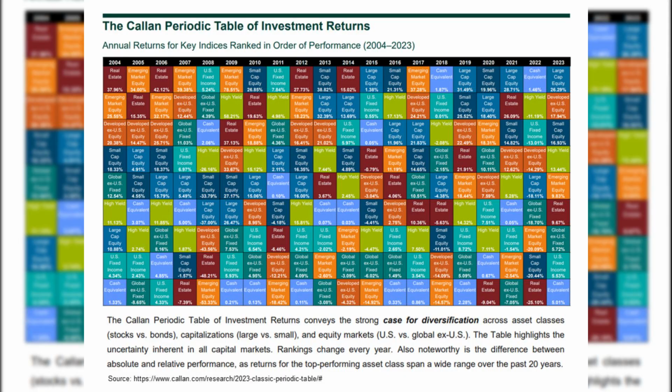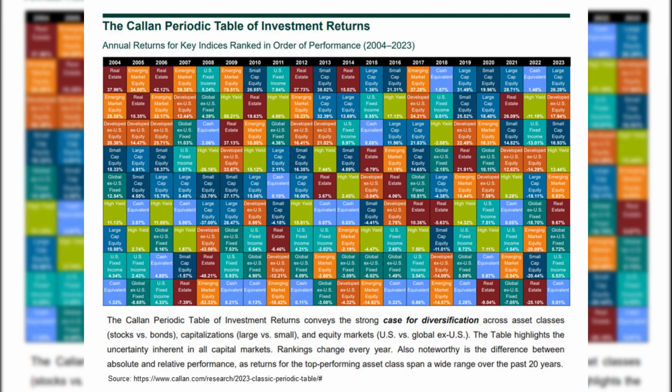This randomness is a powerful visual argument in favor of asset allocation. Since we can't reliably predict which asset class will be the best performer next year or even next month, diversifying across multiple asset classes helps reduce the overall volatility of an investment portfolio. You're essentially spreading your risk across the winners and the losers rather than gambling on a single outcome.